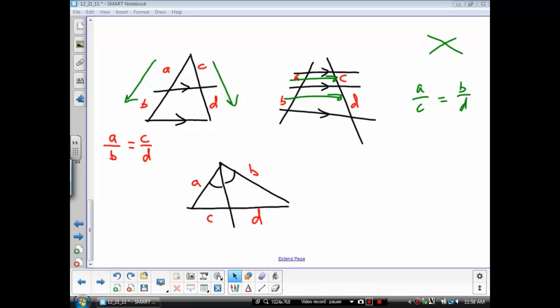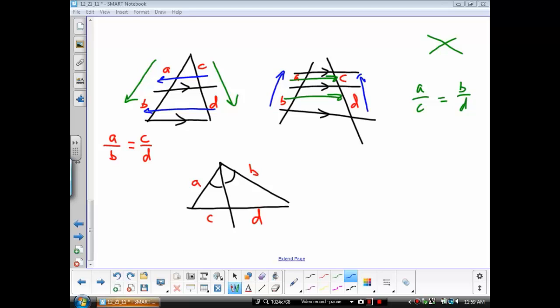Instead of going left to right in both cases, we could go bottom to top in both cases. What we cannot do is change our order or go diagonally. You could not go A to D. That's diagonal. That would not work. We can go right to left in both cases.